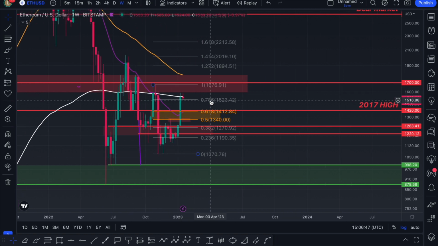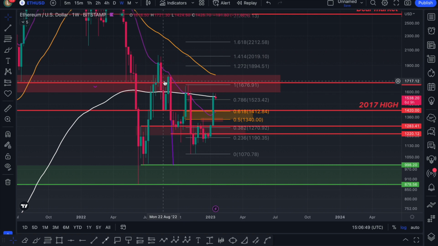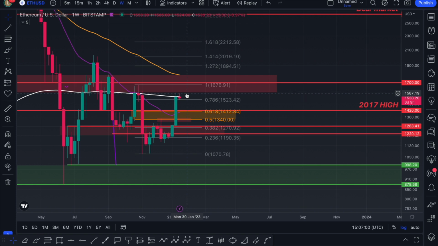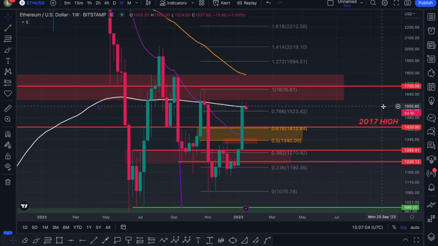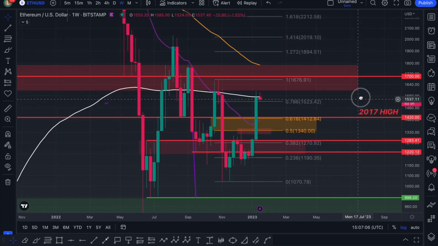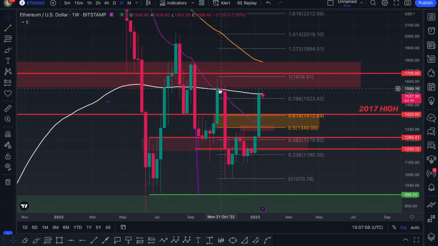After these two fake outs, you came back in, retested it as resistance once, and now twice with this weekly candle closing below it. So indeed, technically, although we've been given this bullish reversal signal on the weekly time frame, we can actually see that it's currently still under the close of this week.